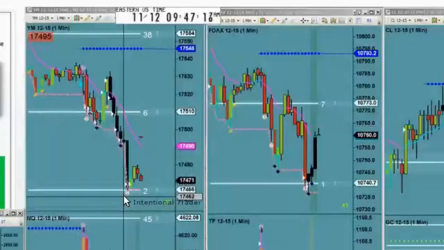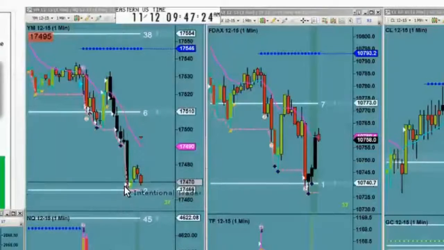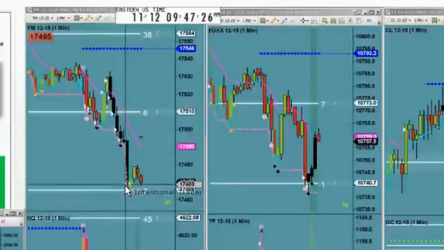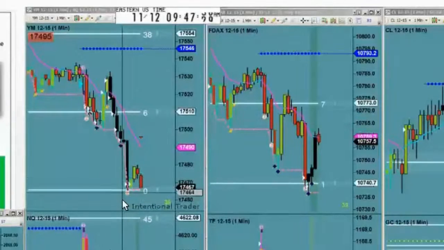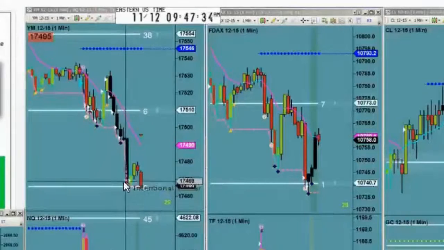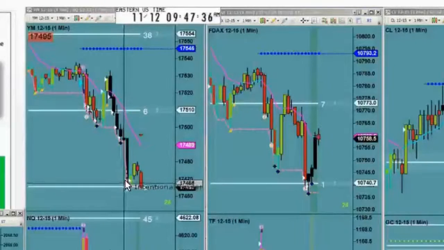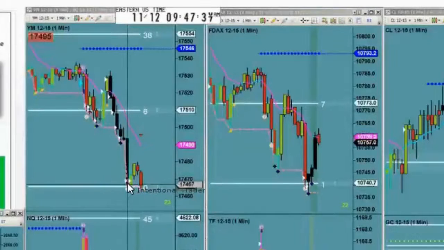Now, why would they do that? Why would an HFT or other mechanical device manipulate this bar? Well, they manipulate it in order to make price do something afterwards. So this is a great signal for us that something is likely afoot. So another good reason for a pullback.